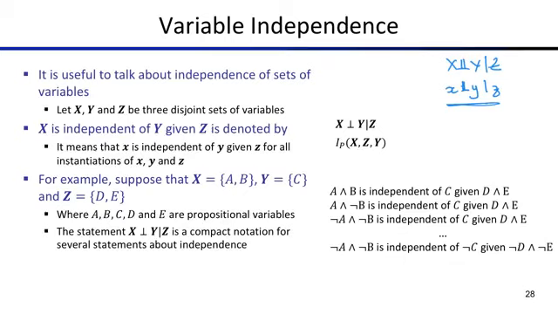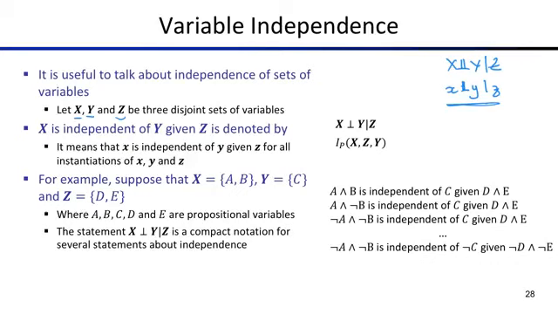We can also take one step further and talk about independence of sets of variables. Remember from our notation that capital bold letters denote a set of variables. Imagine that we have three disjoint sets of variables, x, y, and z, so they do not share any variable in common, and we want to say that the set x is independent of the set y given the set z.